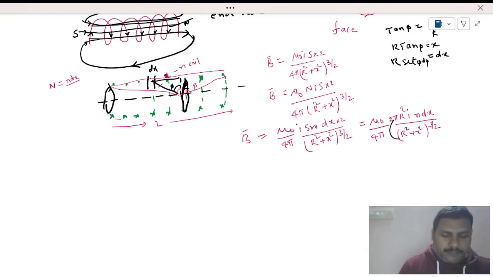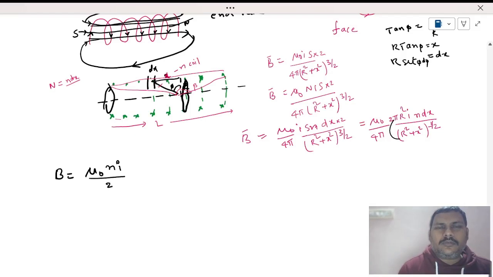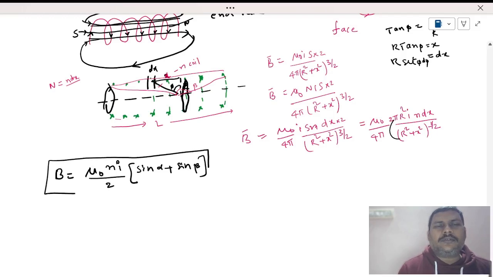After substituting, similar to a long straight wire, we will get B is equal to mu naught Ni by 2, 2 pi and 4 pi get cancelled, sin alpha plus sin beta will come. So this is the formula for a finite solenoid, the field due to a finite length of solenoid.